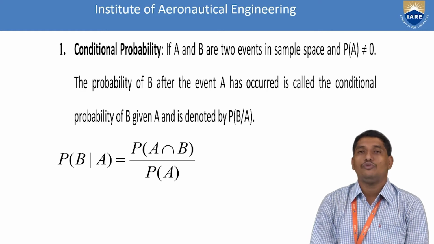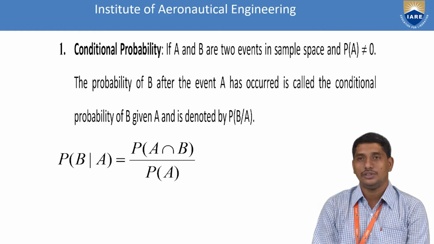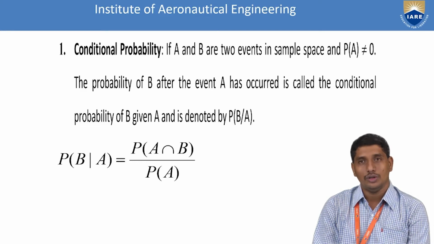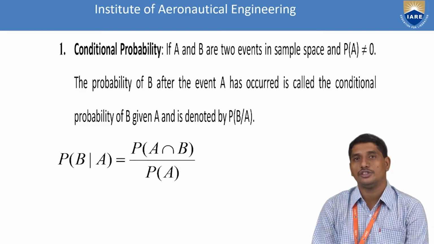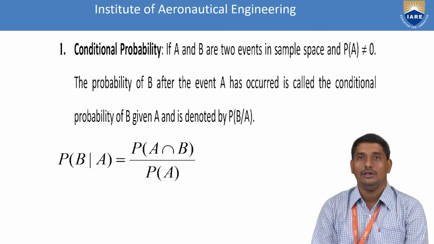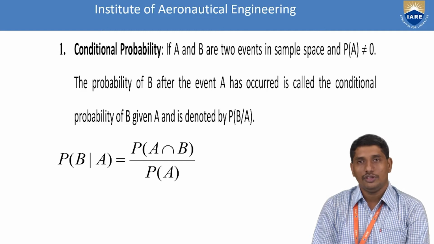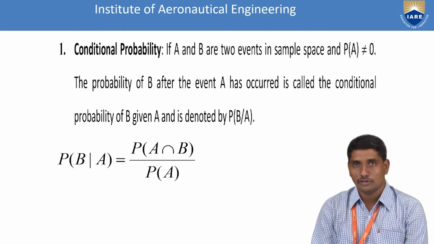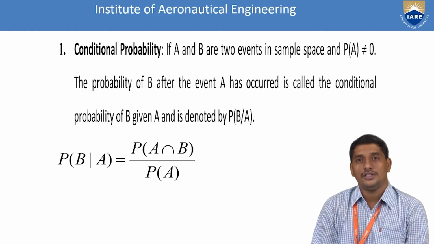Before defining conditional probability, let us discuss the difference between general probability, that is P of A, and the conditional probability P of A over B. Both are aiming at the happening of A. P of A means happening of A. P of A by B is also happening of A, but under some condition.